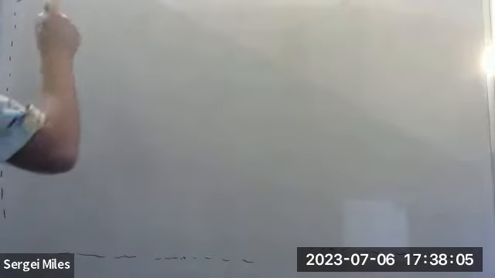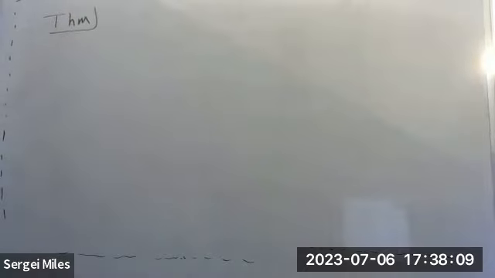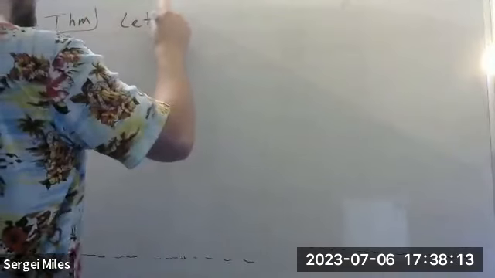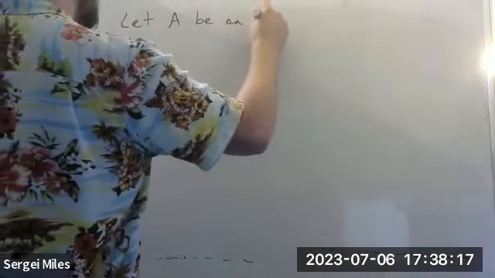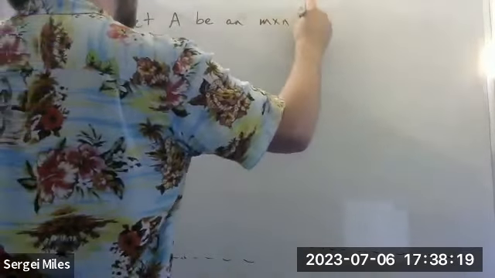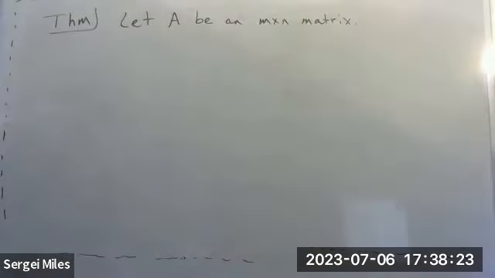So here we have one of our first theorems. And for theorems, I'm going to abbreviate THM. So let A be an m by n matrix, right? Just like we've been doing.